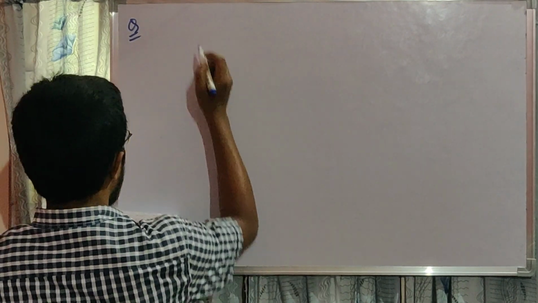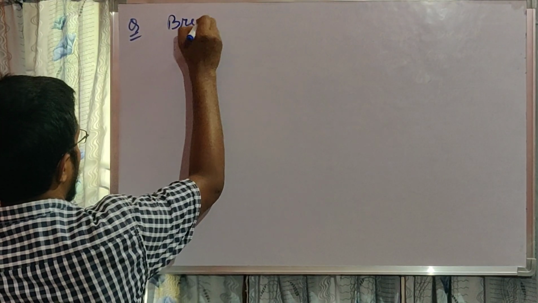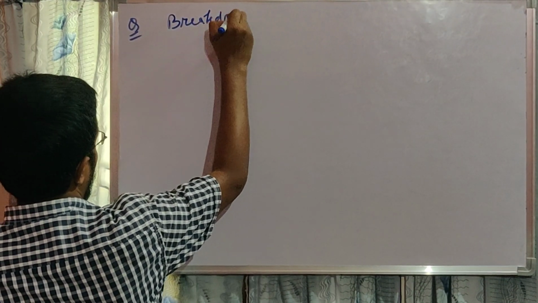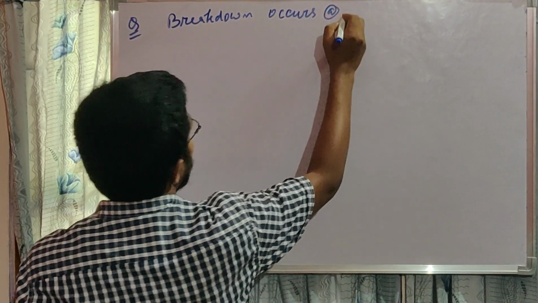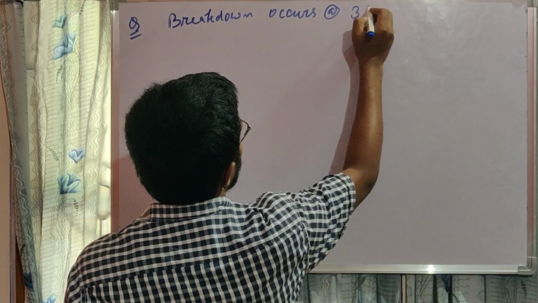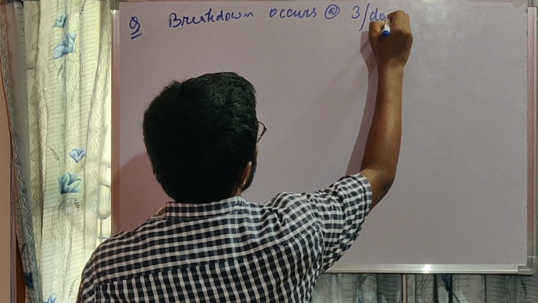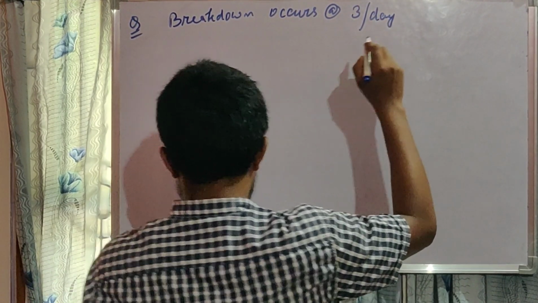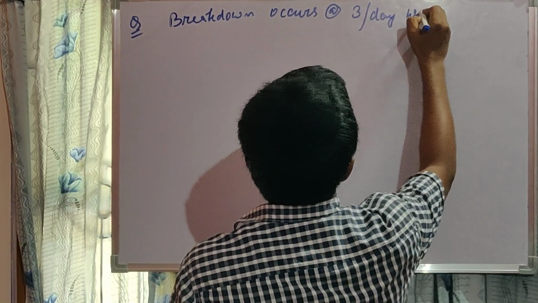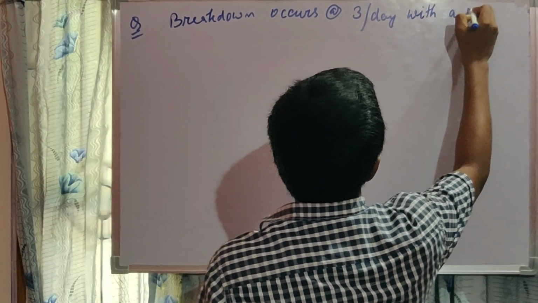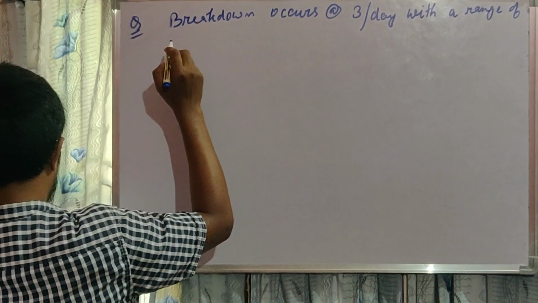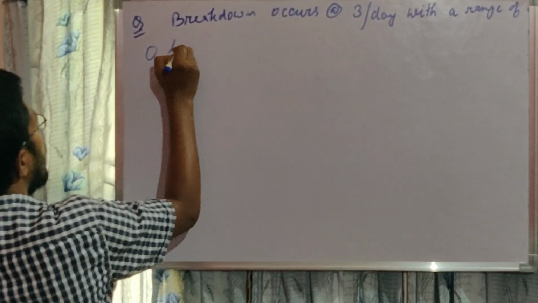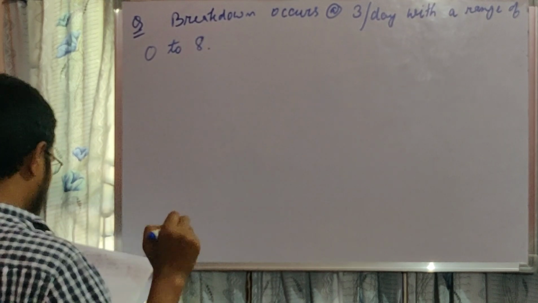It says that breakdowns occur at an average of 3 per day, with a range of 0 to 8.